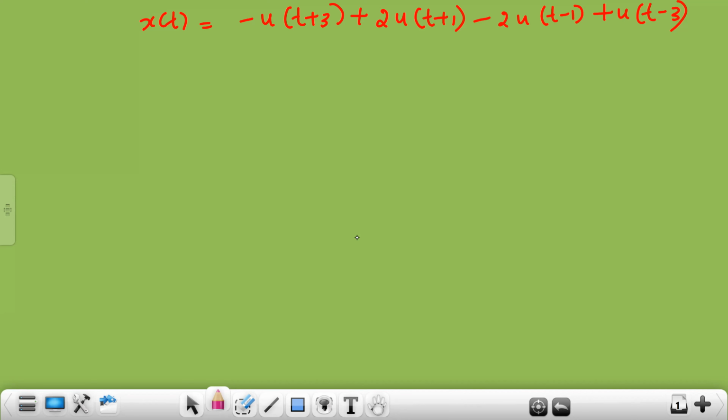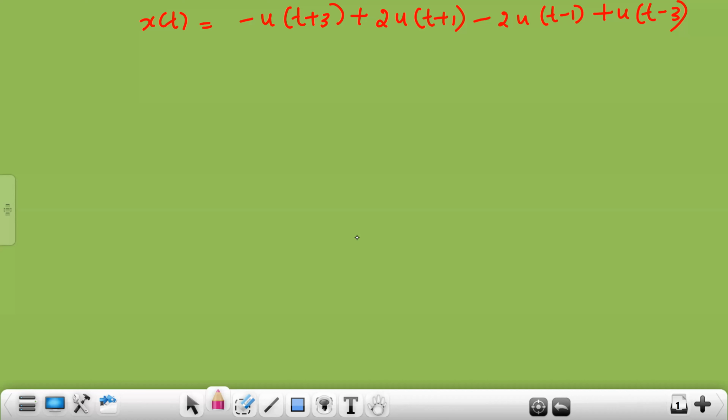Don't say that you need to subtract in between, because all those signs we will consider as the amplitude. If it is minus 2 means you will be treating the amplitude as negative 2. In between you have a minus u of t plus 3, that minus will be considered as negative 1. So we will be drawing the 4 distinguished graphs, and then we will be adding all the 4 graphs together in a time basis.